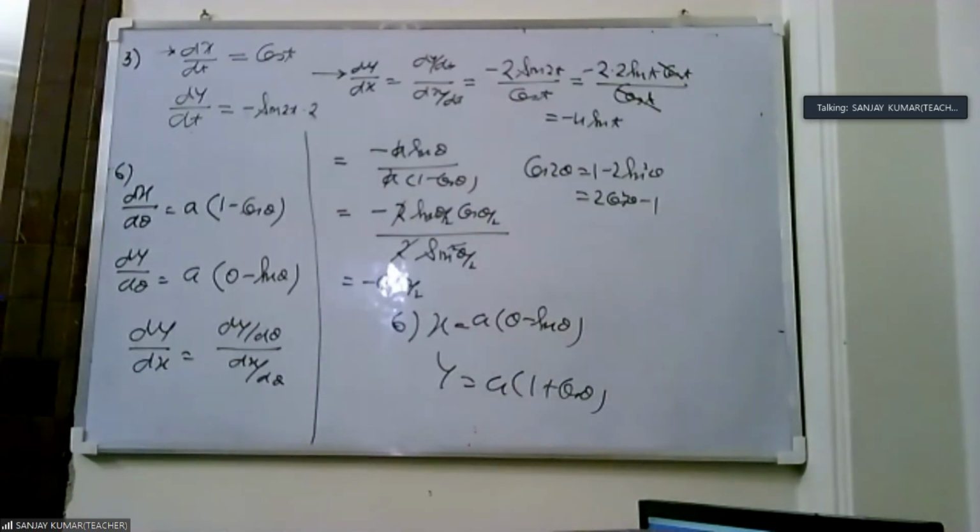The derivative of cos is minus sin theta. Then we divide both, but the answer is not this. The answer in NCERT is given differently. So we apply the values of sin theta, and again we apply the values of cos theta, and we get 1 minus cos theta, that is 2 sin square theta by 2, and you get the answer.